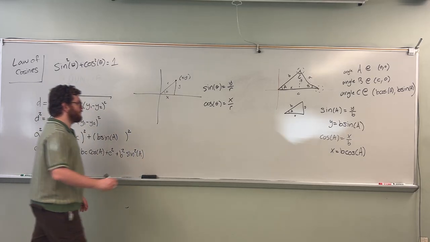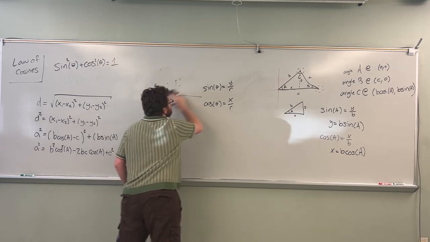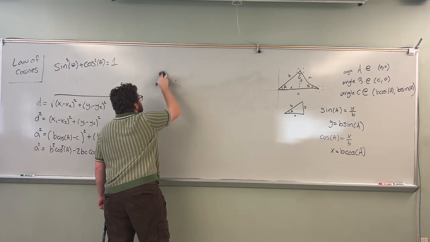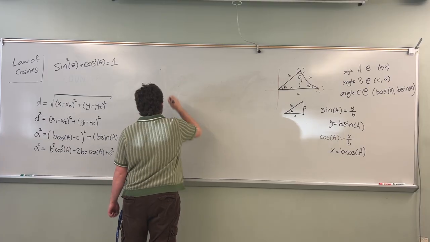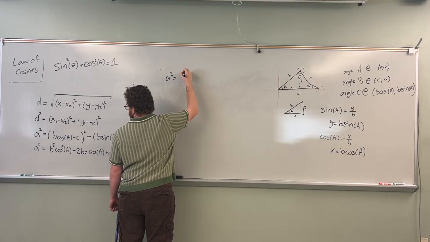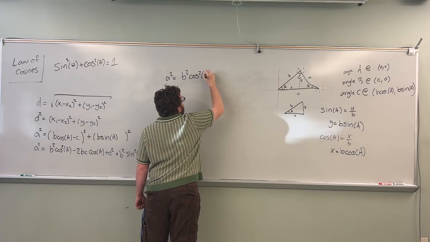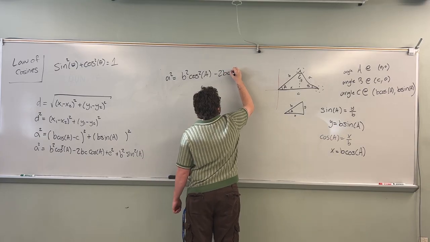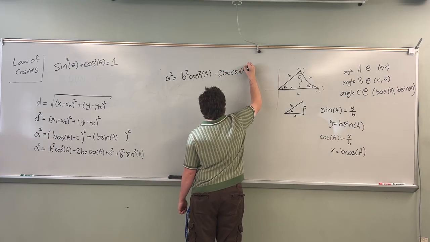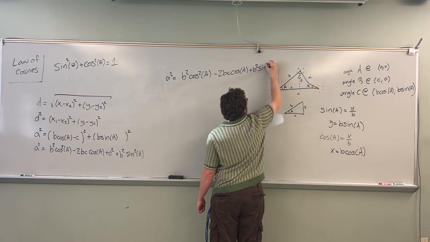So I'm going to rewrite this result right here so I have a little bit of room to work with. So I get a squared equals b squared cos squared of a minus 2bc cosine of a plus b squared sine squared of a.